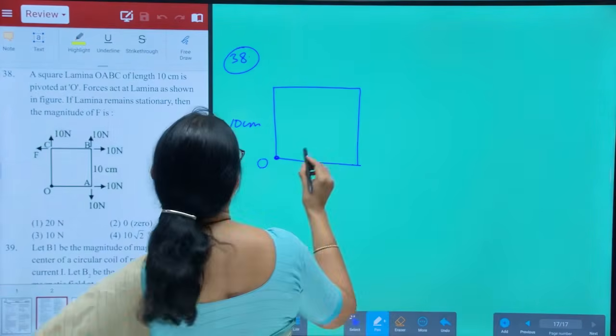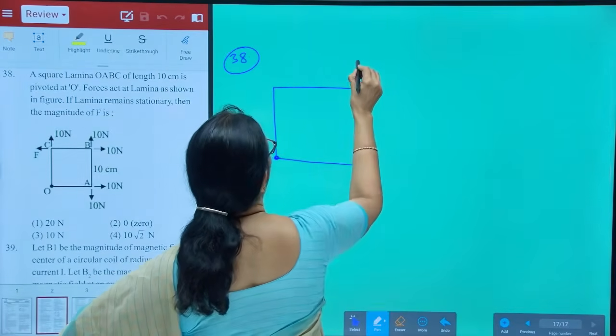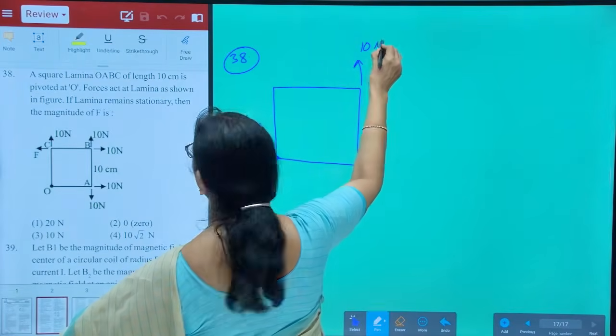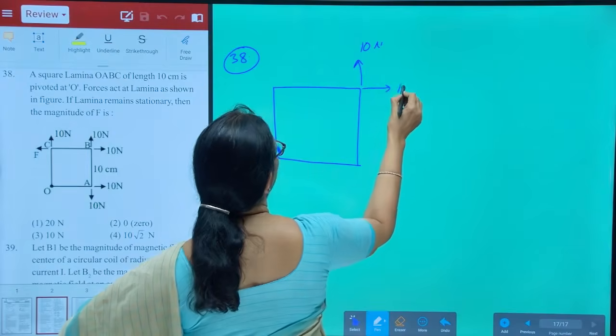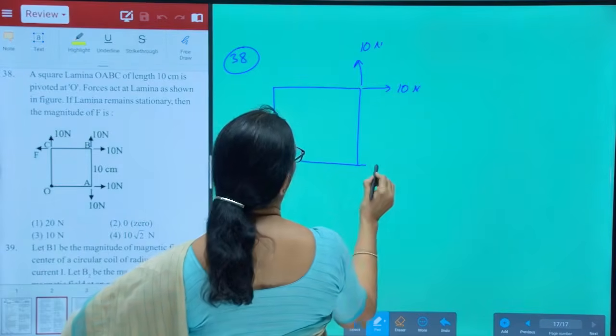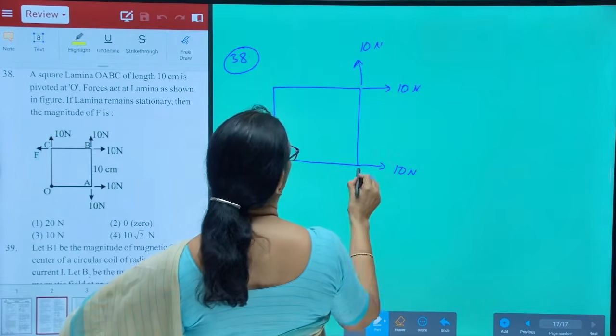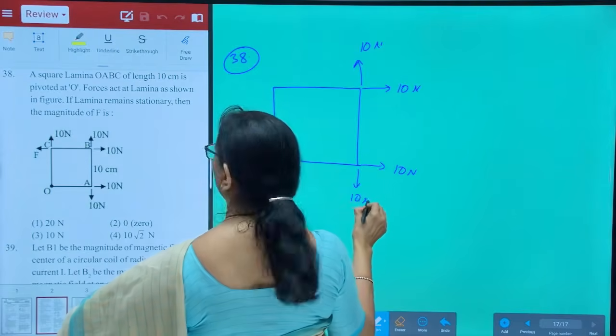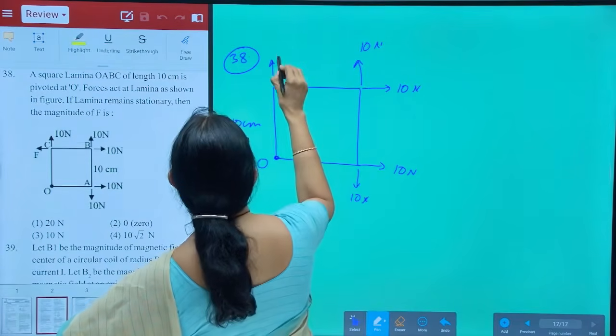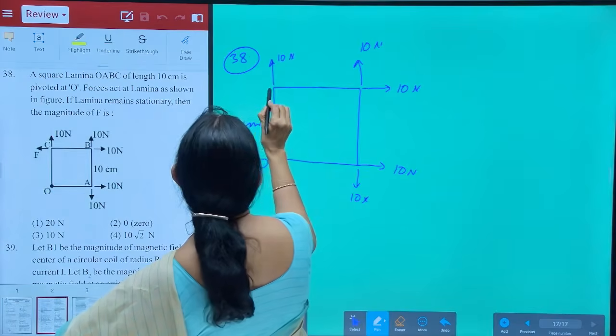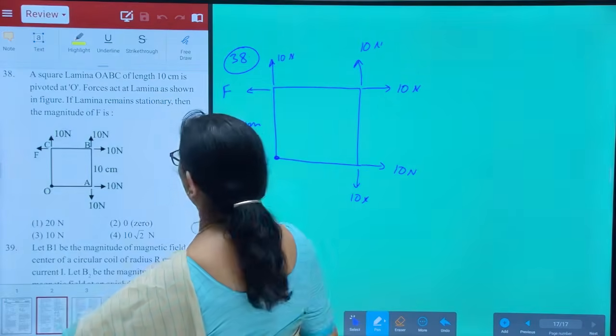Now, a number of forces are applied like this: along this 10 newton, along this 10 newton, along this 10 newton, along this, what is the force applied?